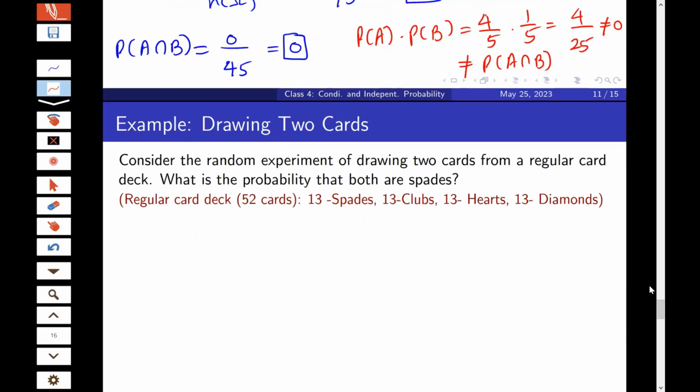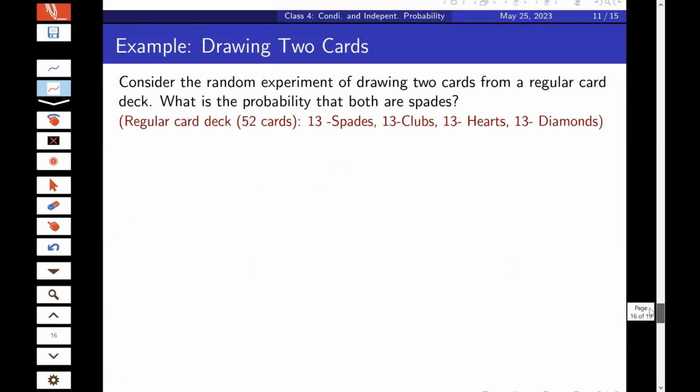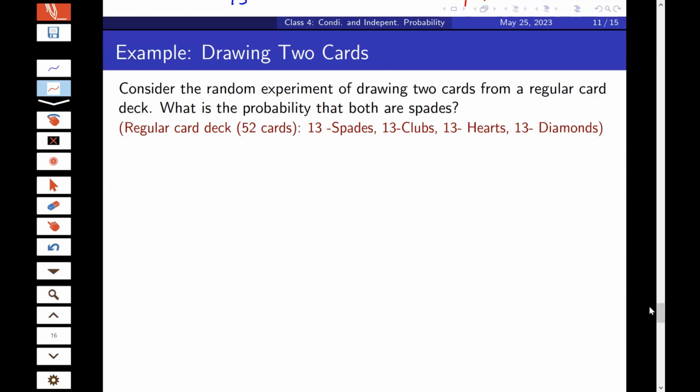Okay, let's do another example and then we are done with this. We have 2 more examples and then we are done with this discussion. Consider the random experiment of drawing 2 cards from a regular card deck. What is the probability that both are spade? You are picking cards from a regular deck, another standard example in probability.